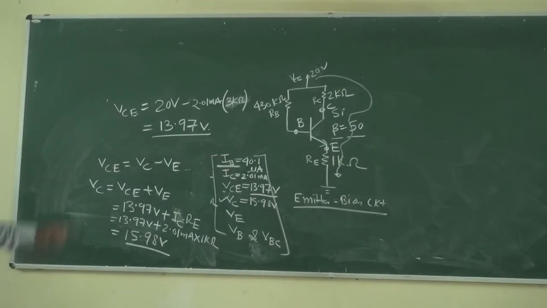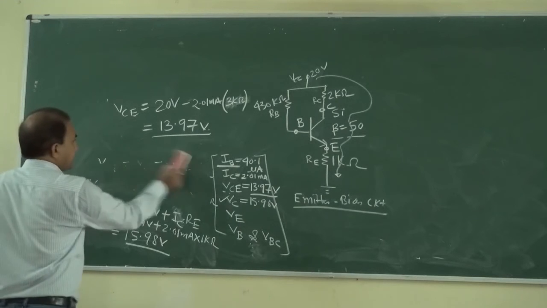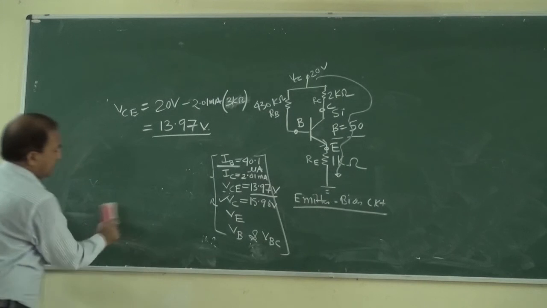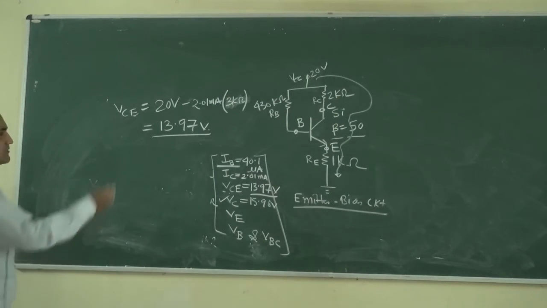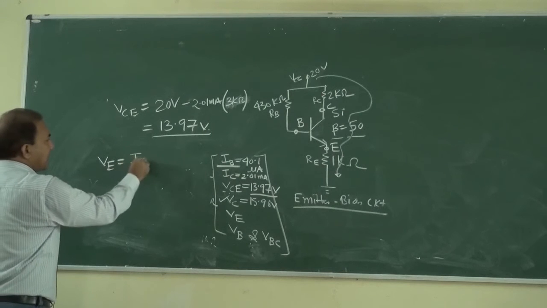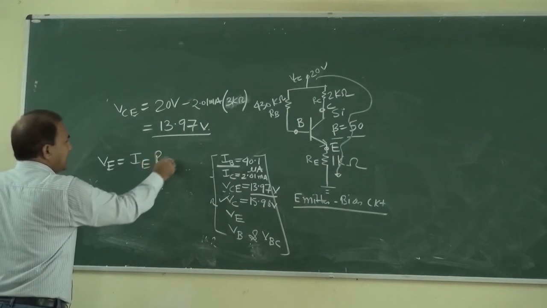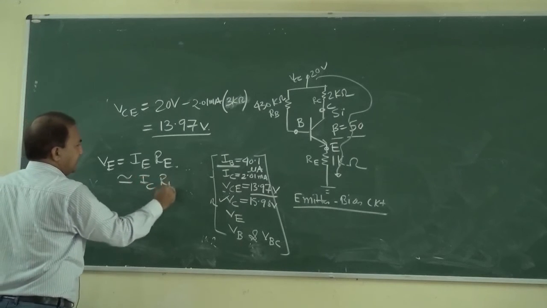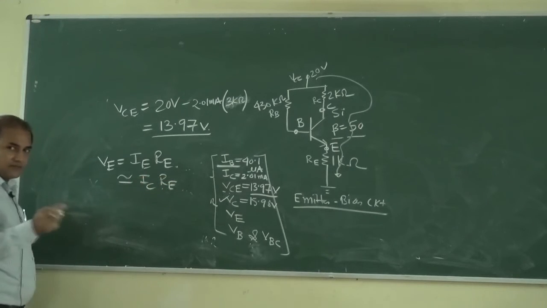Then how can we determine VE? Again, we can calculate VE by using two methods. VE is equal to IE multiplied with RE, which is approximately equal to IC into RE. That is the first method.